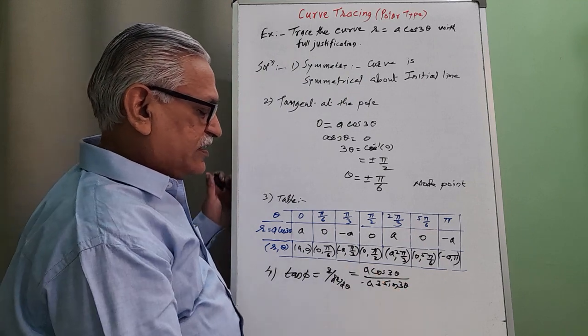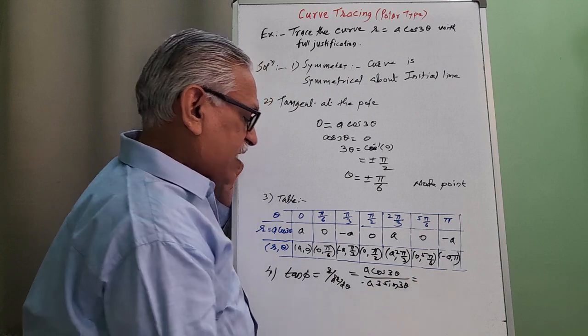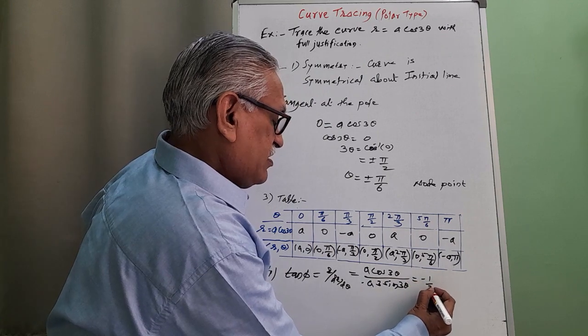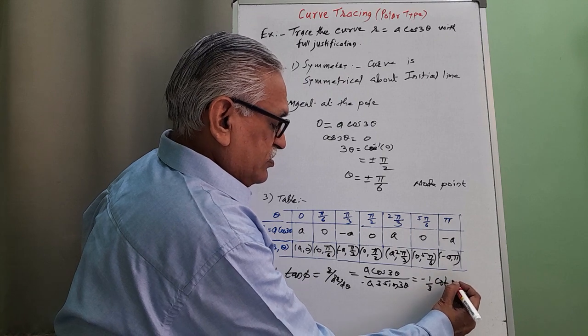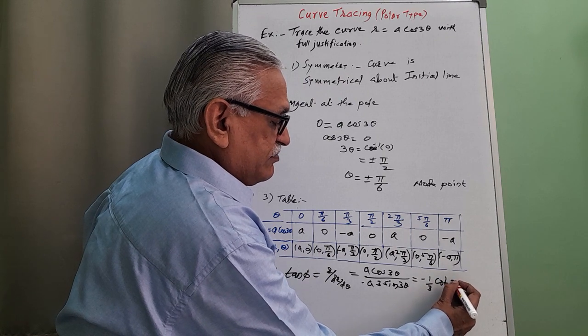Therefore, a cancels, and we get that value as −1/3 cos by sin, which is cot of 3θ.